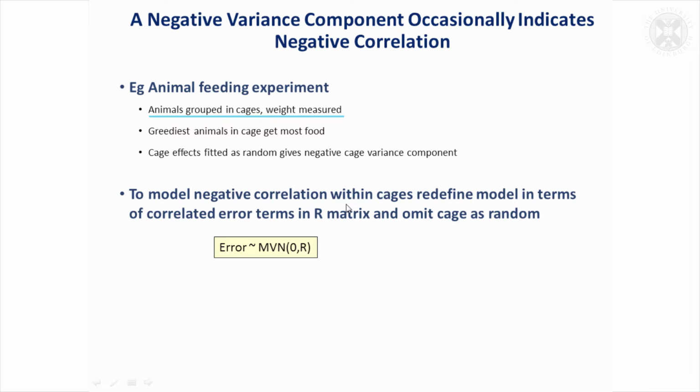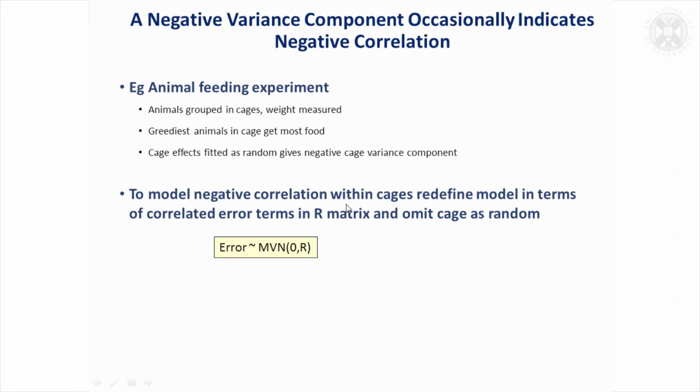You might imagine there'd be quite a lot of variability in how much animals ate and weighed within a cage. You might have greedier animals than others that got most of the food. And so there might actually be more variation within the cages than between them. And if you fitted cage effects as random, that would then lead to a negative variance component for cages. But we said that's not allowed.